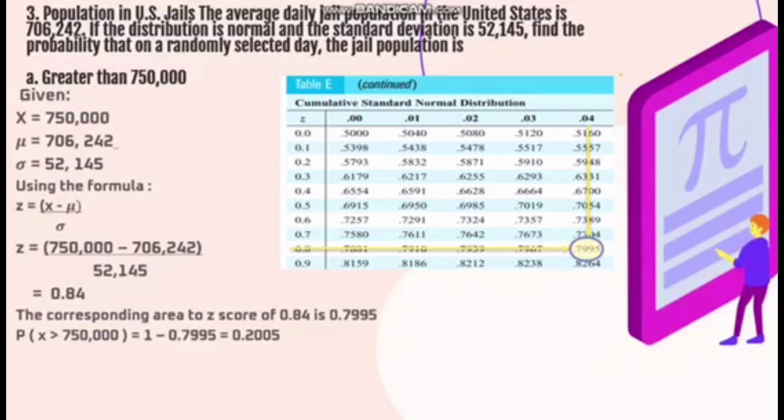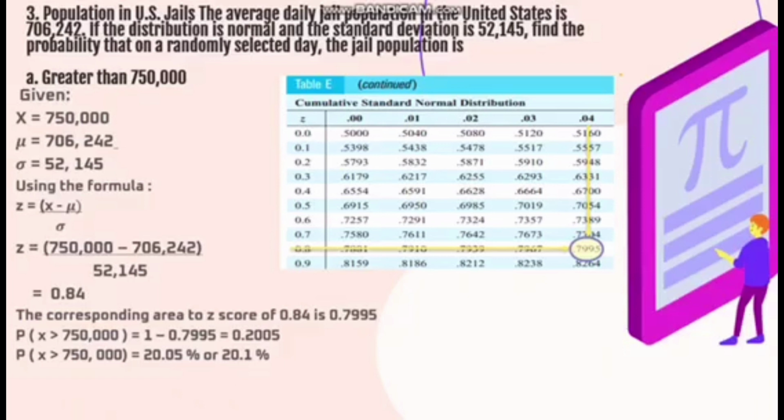If you are questioning why we subtract from 1, it is because the area underneath the entire curve is 1. So that is equal to 0.2005.